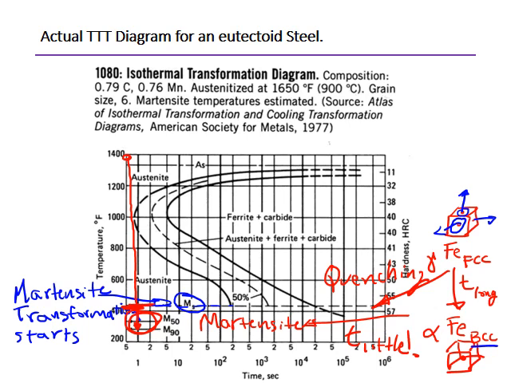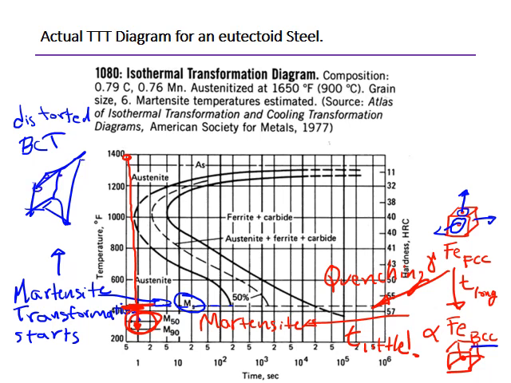So you will have something that is called Martensite. And remember that Martensite is a BCT crystal, distorted. So it's a body center tetragonal crystal, but it's really distorted.